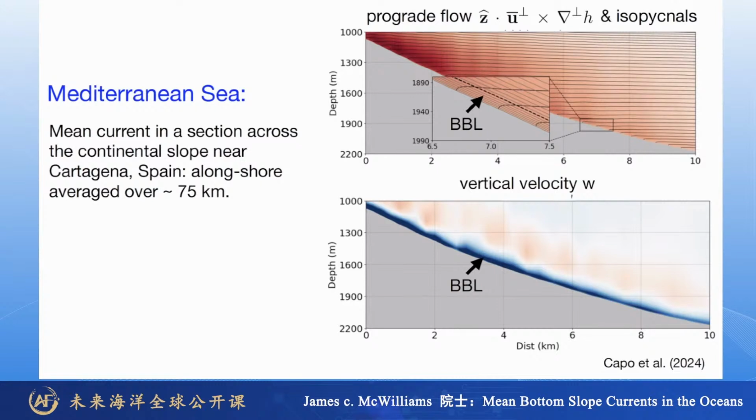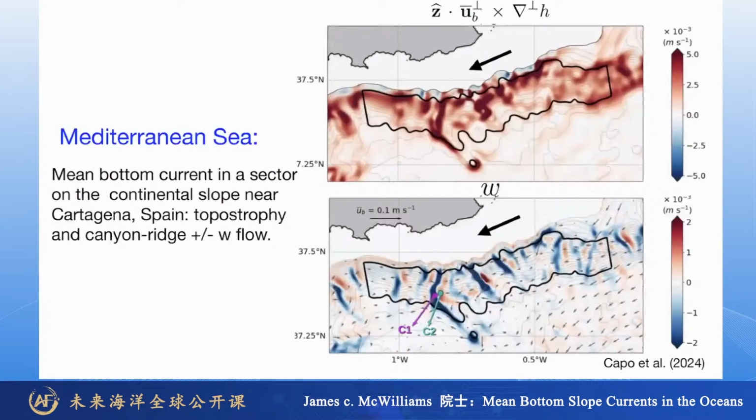This is a very simple result, but if you actually look at the structure along the slope, you see this picture, which is that the topostrophic flow is non-uniform along the slope, but certainly predominantly positive. And if you look at the vertical velocity, then it is up and down as the flow crosses over canyons and ridges.